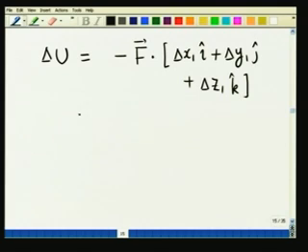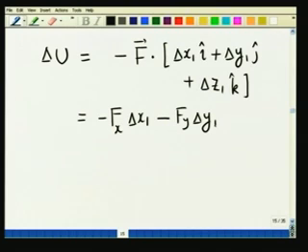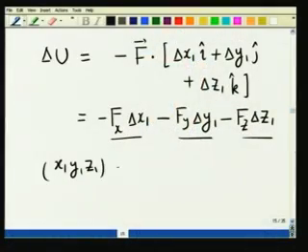And therefore, I could write this as minus f x delta x 1 minus f y delta y 1 minus f z delta z 1. Notice this comes out very neatly. It does not matter in which order I go from point 1 to point 2, because I am talking about a conservative force field. I could go from x 1, y 1, z 1 to x 1 plus delta x 1, y 1, z 1.